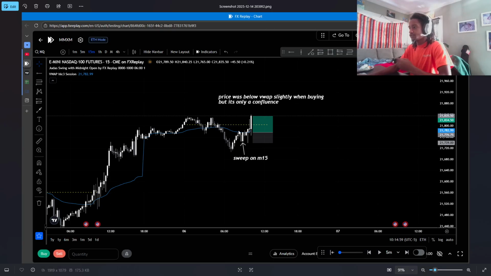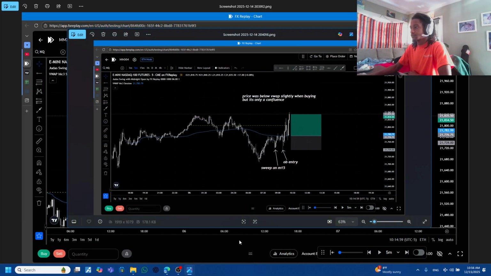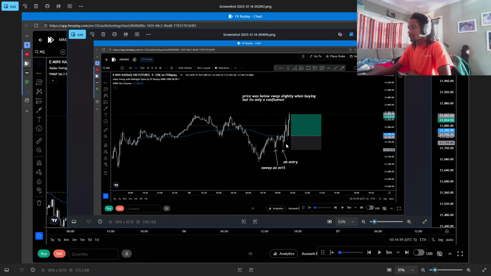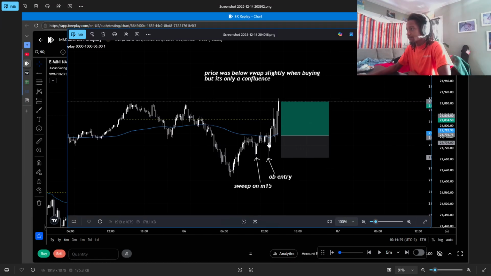So we had the sweep, and after we had the sweep, I went down to the 5-minute chart. On the 5-minute chart, we had a close above this black down-close candle right here that came down and swept this low. We had an aggressive close above it, showing displacement, showing that somebody was stopped out and then the smart money got in and took price higher.